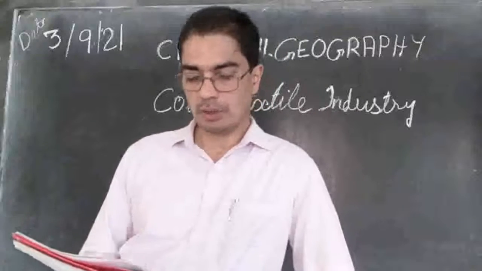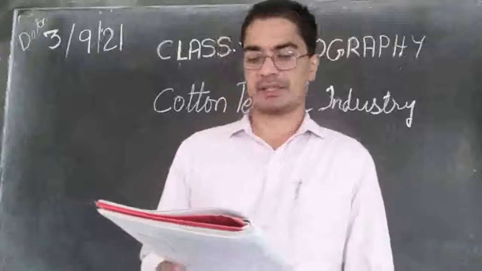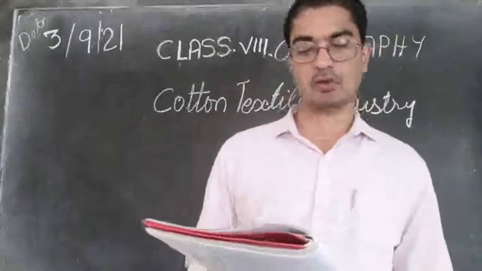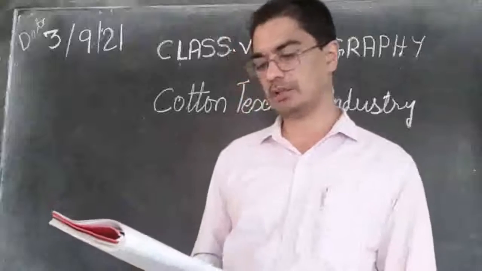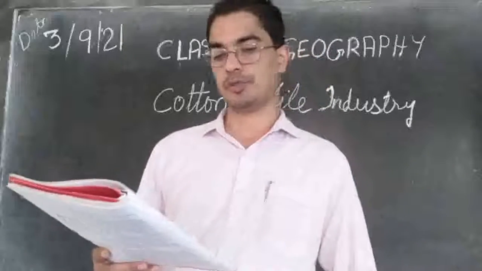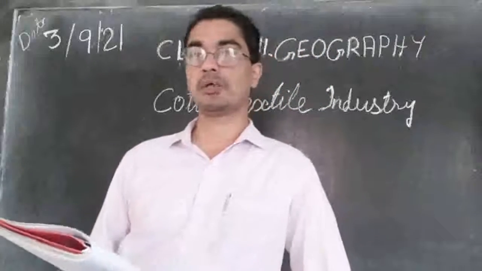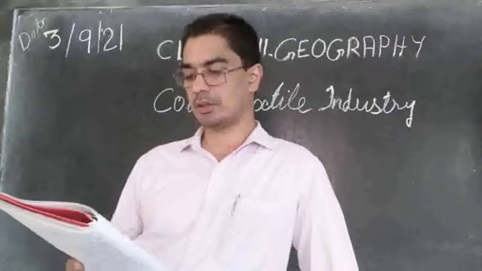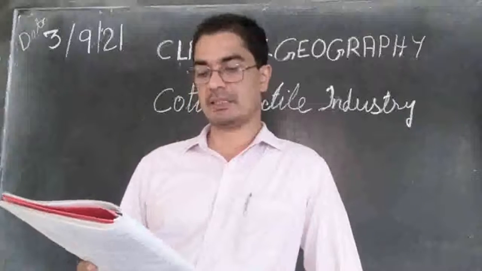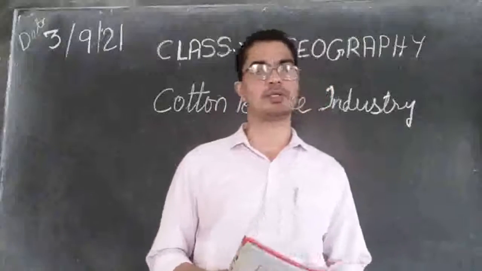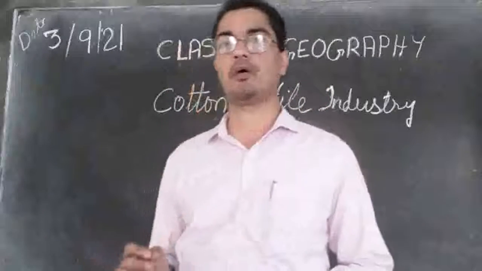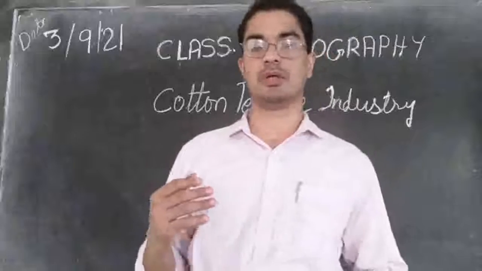Hence, the traditional cotton textile industry could not face the competition from the new textile mills of the West, which produced cheap and good quality clothes through mechanized industrial units. So, Indians were managing with this traditional way of weaving by hand.